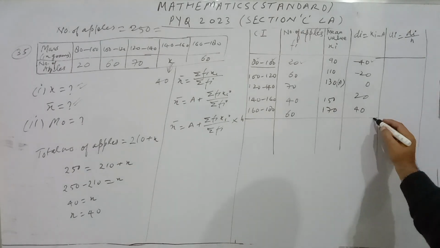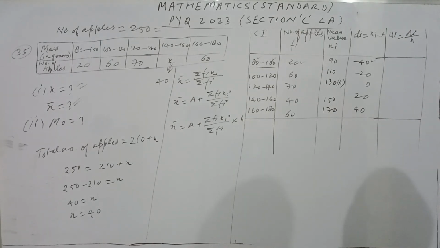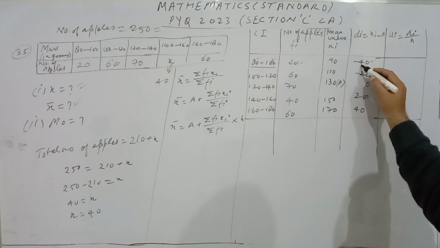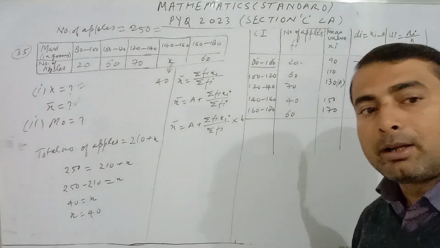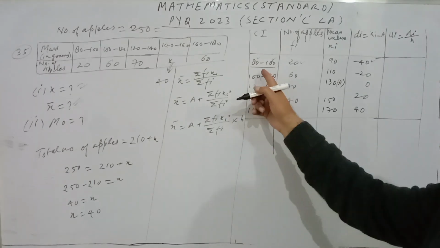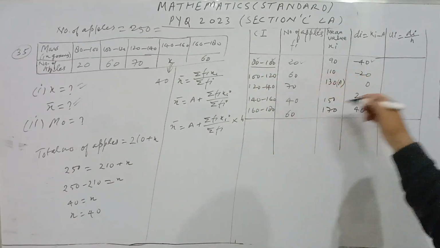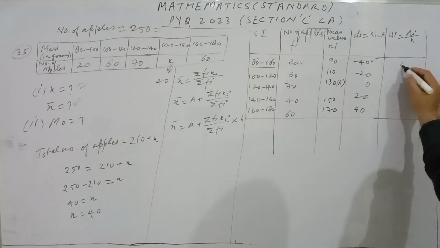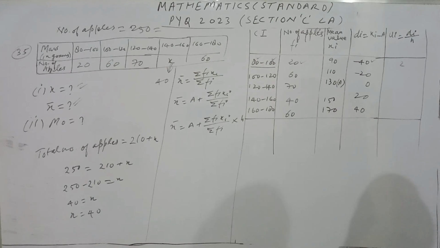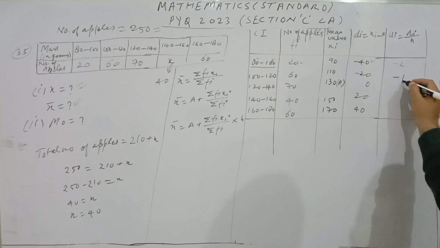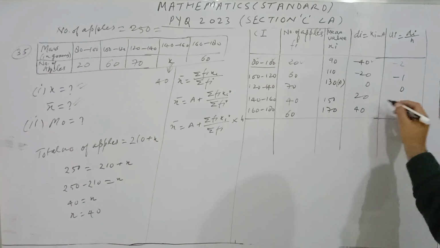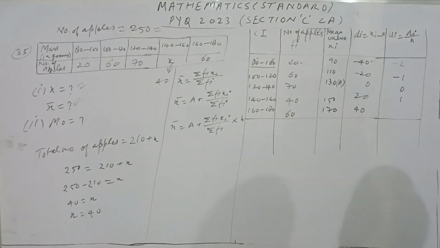Okay, so di is here 40 and h is the difference between the upper limit and lower limit, and this is 20. So 40 divided by 20 will be 2. Okay, and this is minus, then it will be minus 2, and minus 20 divided by 20 will be minus 1, and it will be 0. 20 divided by 20 is equal to 1, and 40 divided by 20 is equal to 2.